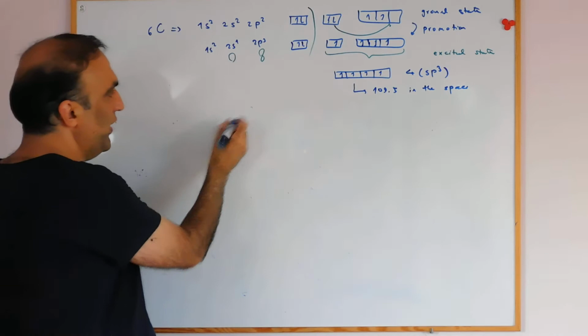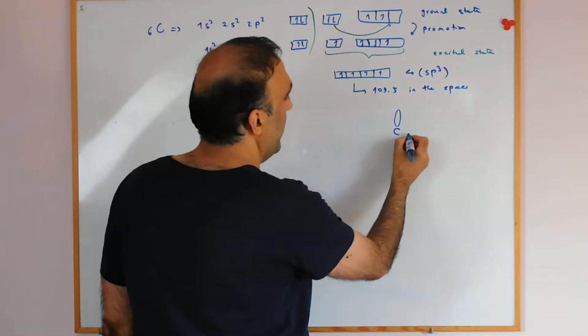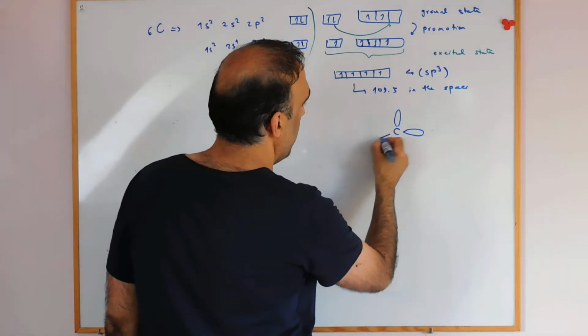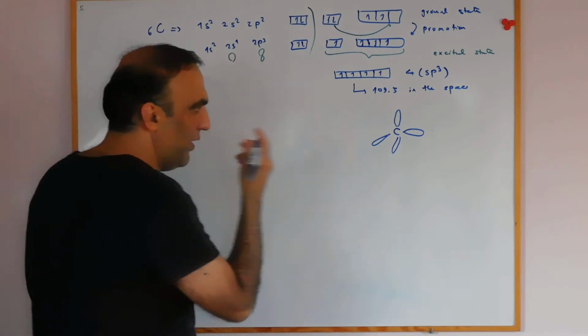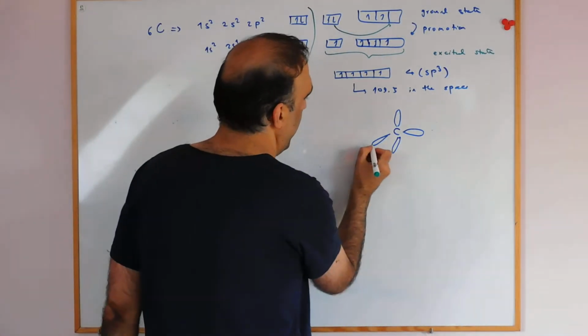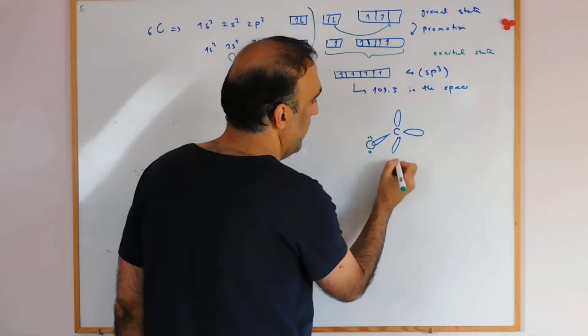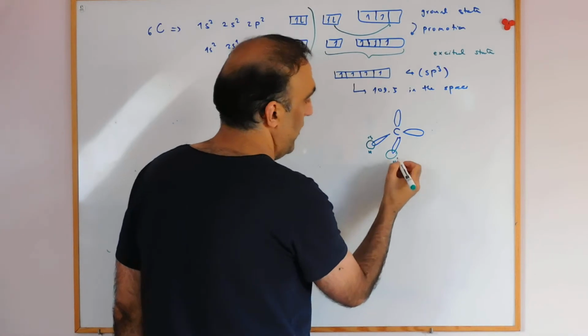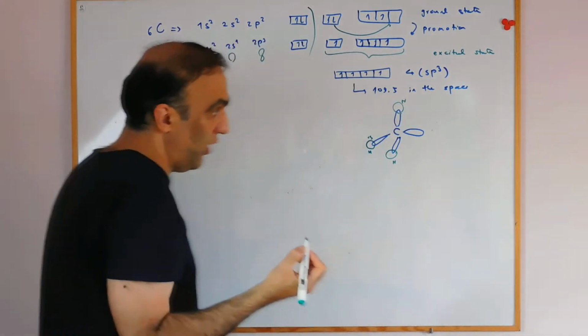If I draw the carbon in this case, I can draw it like this, with 4 different specific directions. For example, it's the carbon. I can make bonds with 3 hydrogens, each hydrogen having a 1s orbital. Or in methane with a 4th hydrogen.